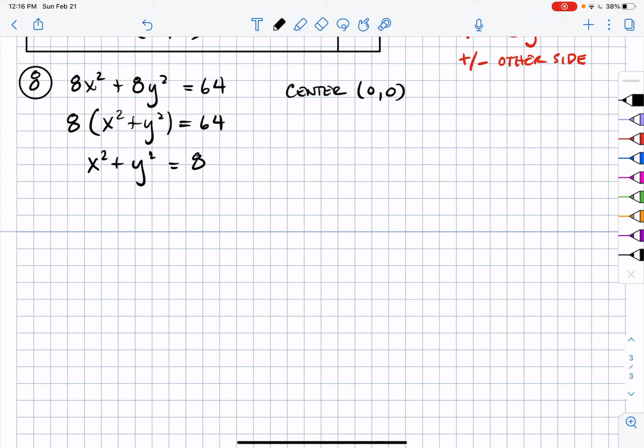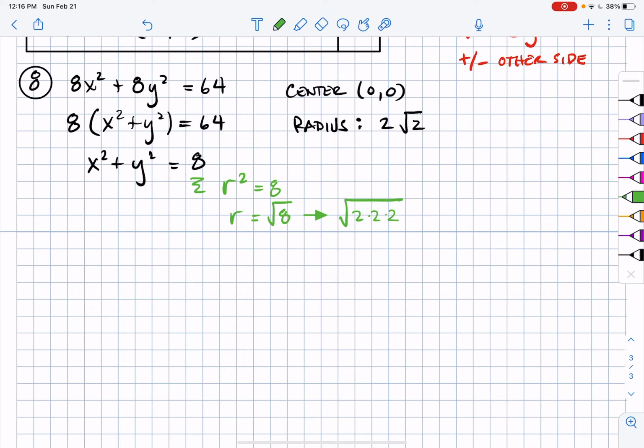Right? Well, don't forget, this here is my radius squared, which is 8. So that means r is going to give you the square root of 8. So if that's the case, then my radius is going to be 2 square root of 2. Okay? So again, this right here would break down to be the square root of 2 times 2 times 2.